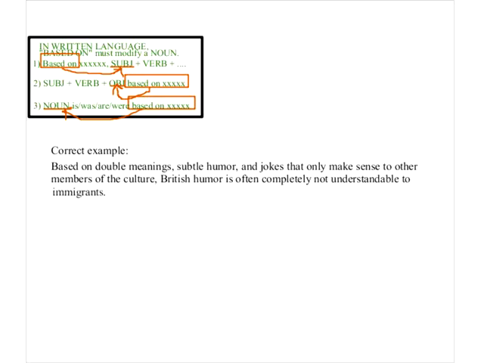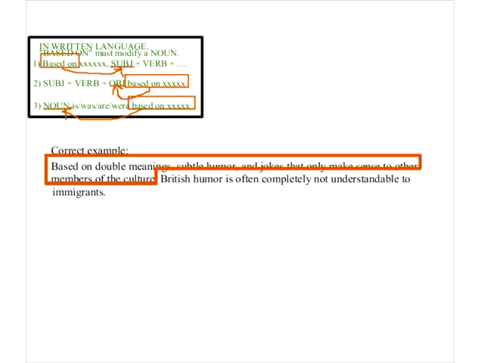So this is a correct sentence here. This whole thing is your modifier, based on. So based on double meanings, subtle humor, and jokes that only make sense to other members of the culture, that points to the subject. So the rule says, remember how this works, the rule says, this is what's being modified.